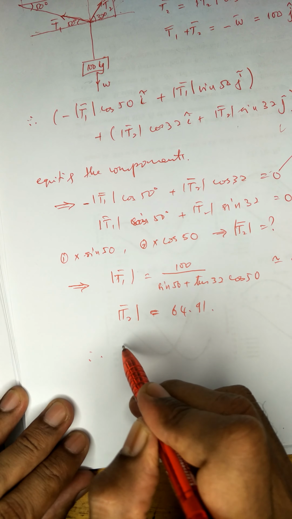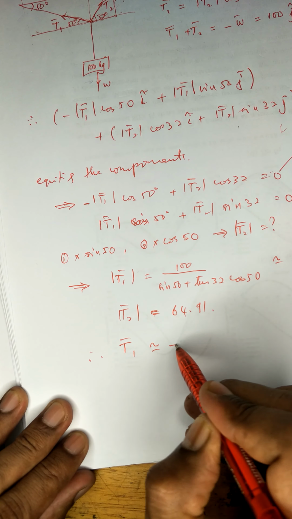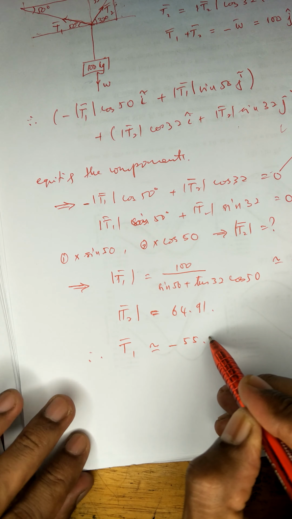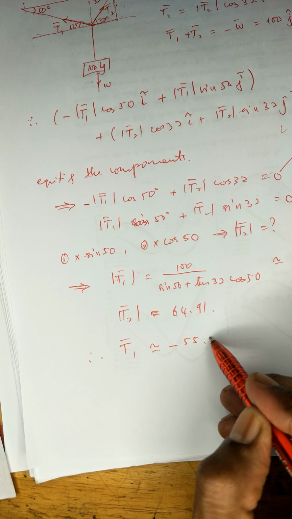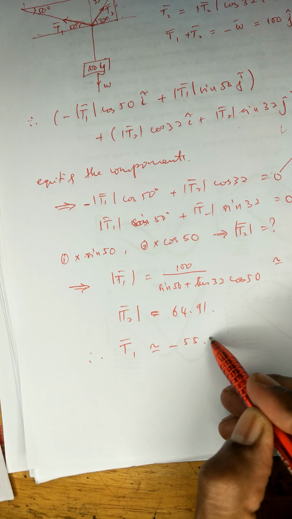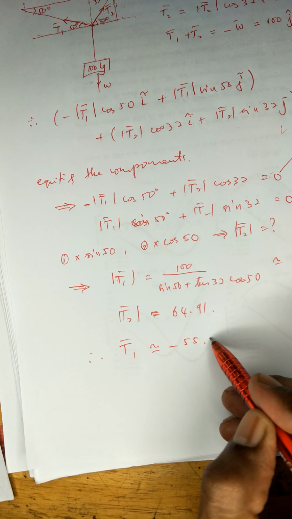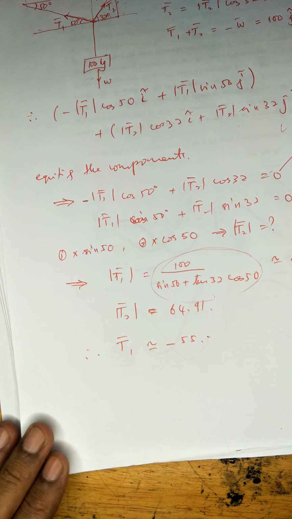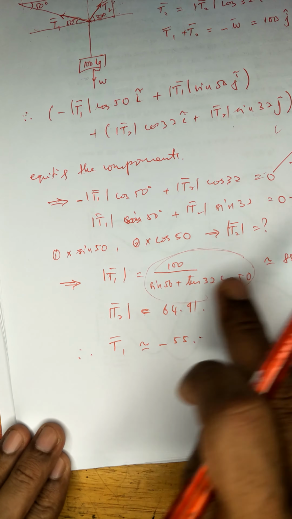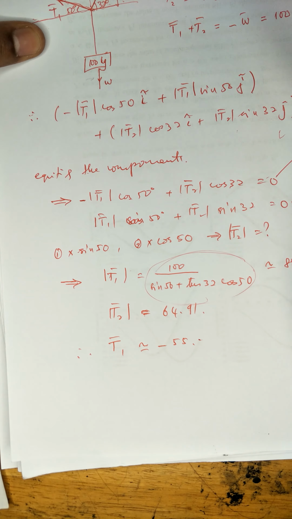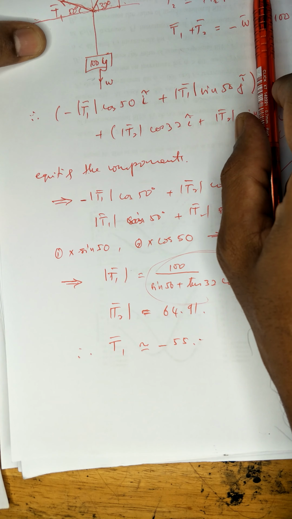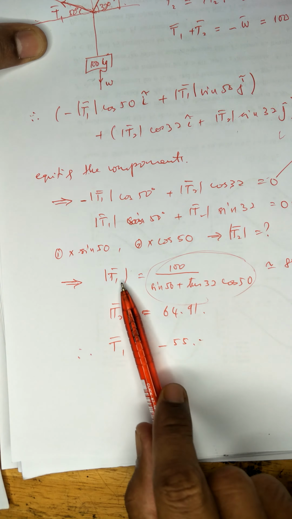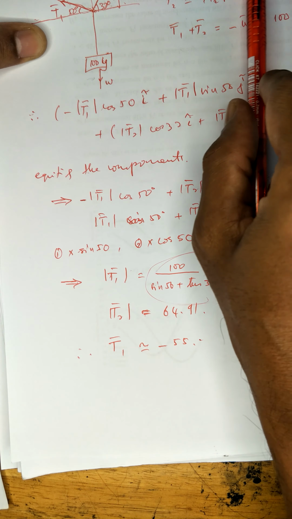So therefore our T1 is negative 55. What is 55? I think you try to find this out. Just use your calculator. This is for T1, then you can just substitute there, and cos 50 you have there. Substitute, you have T1 with that and T2 with that, and evaluate those things.